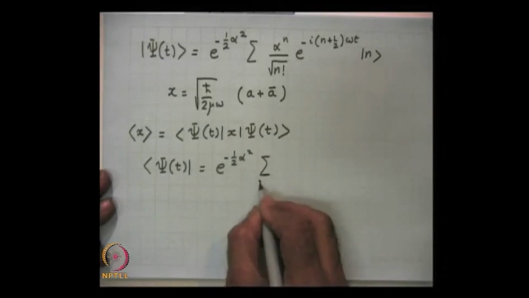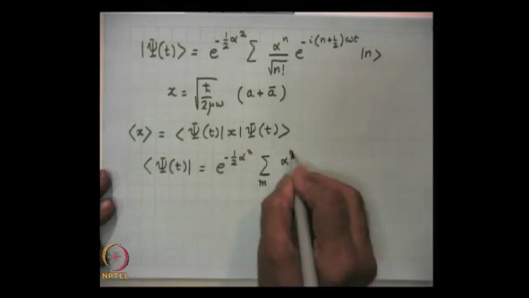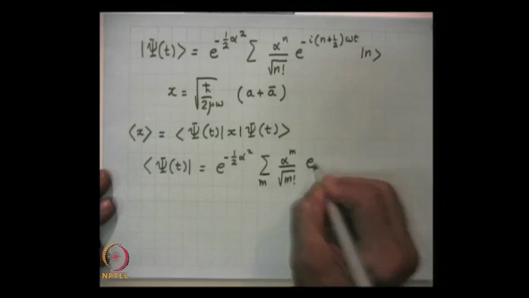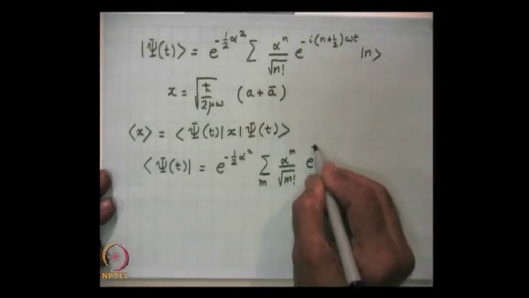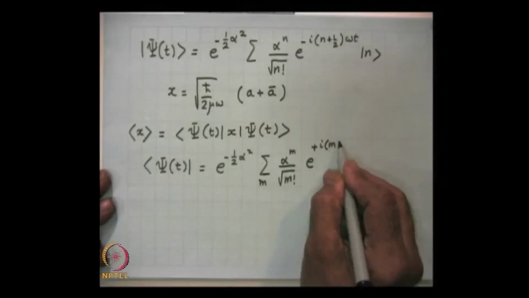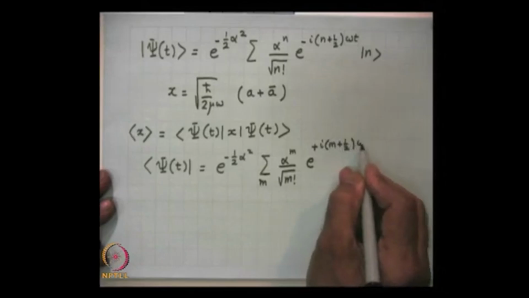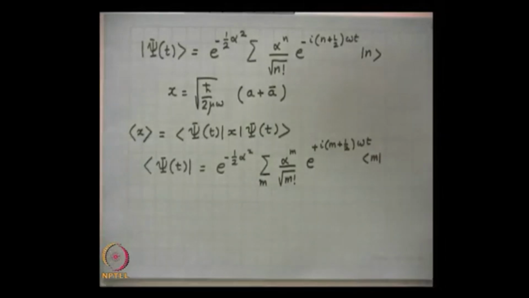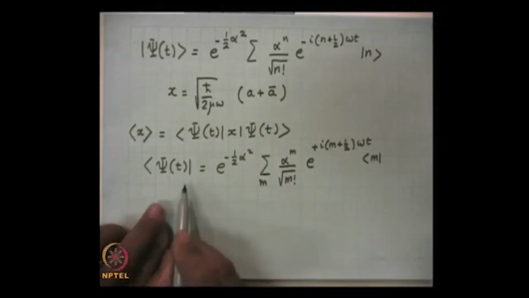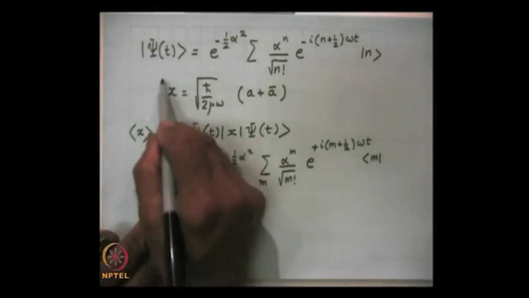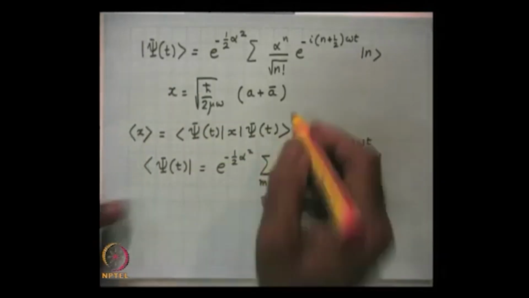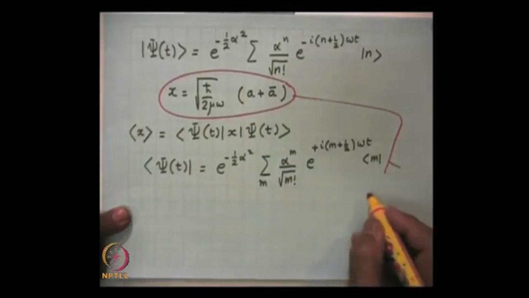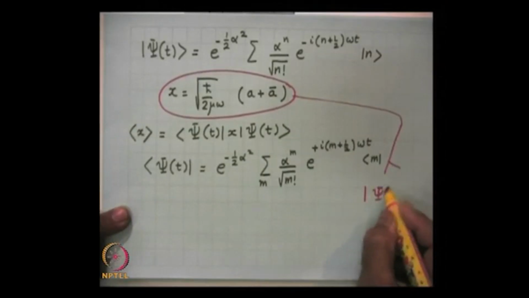So let me write down the summation over m: alpha to the power of m by square root of m factorial, e to the power of, the complex conjugate of that, plus i m plus half omega t, and then bra m. Now I put this here and then operate this on psi t.